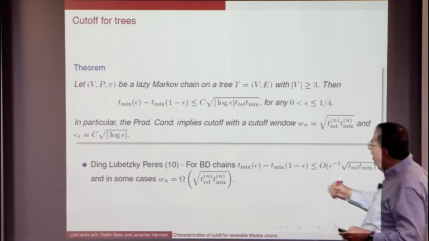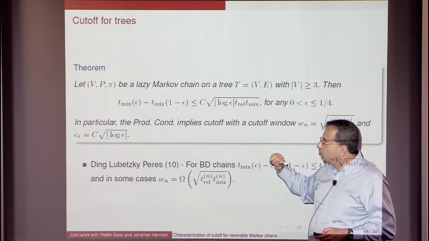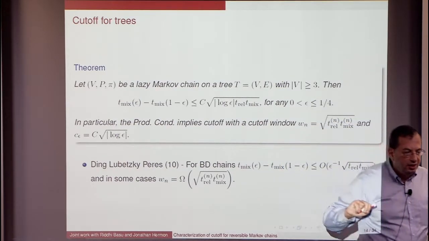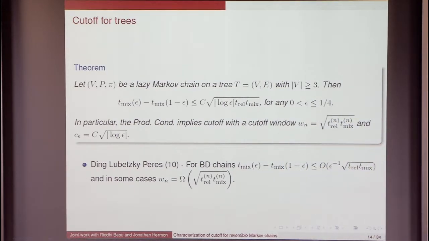But let me say, again, you can ask, is this term sharp, this geometric mean? And yes, already for birth and death chains, there are examples where you need the geometric mean. In most examples, like in the hypercube, the window is just the relaxation time. In most examples, the relaxation time will do, but not all. So even for birth and death chains, we have examples where the window is this geometric mean.